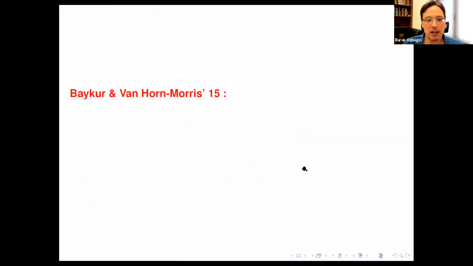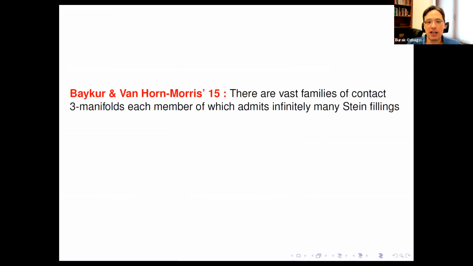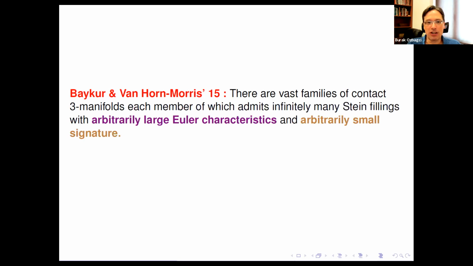Well, I should mention a more recent result of Inanç Baykur and Jeremy Van Horn-Morris, where they showed that there are vast families of contact three-manifolds, each member of which admits infinitely many Stein fillings with arbitrarily large Euler characteristics and arbitrarily small signature.